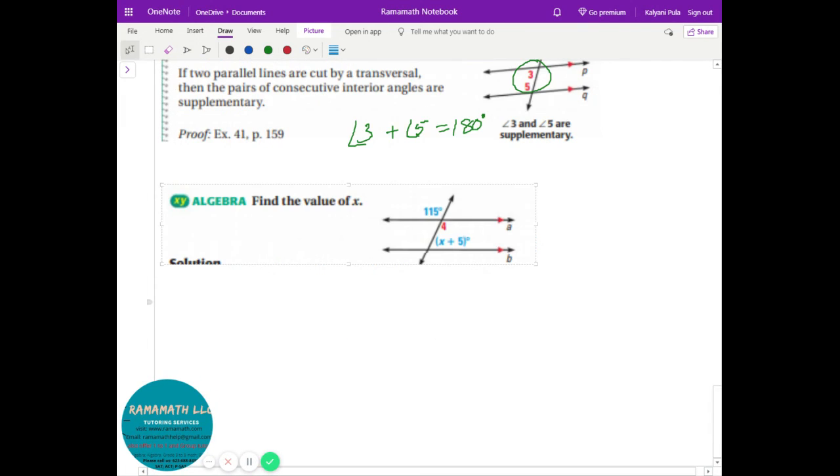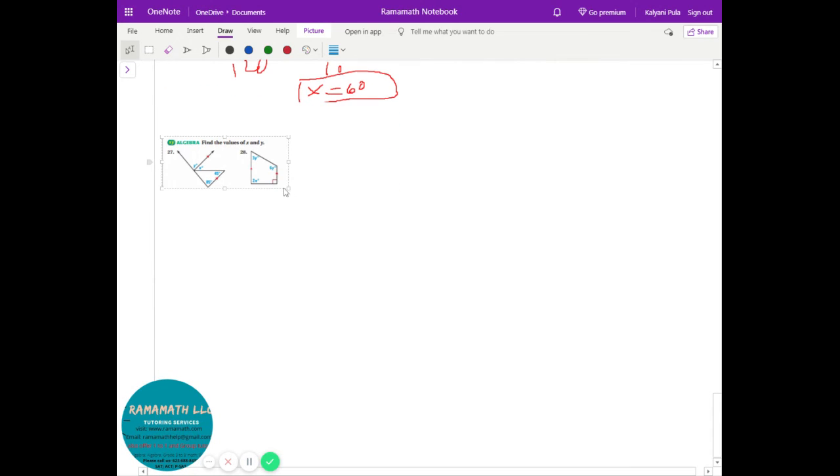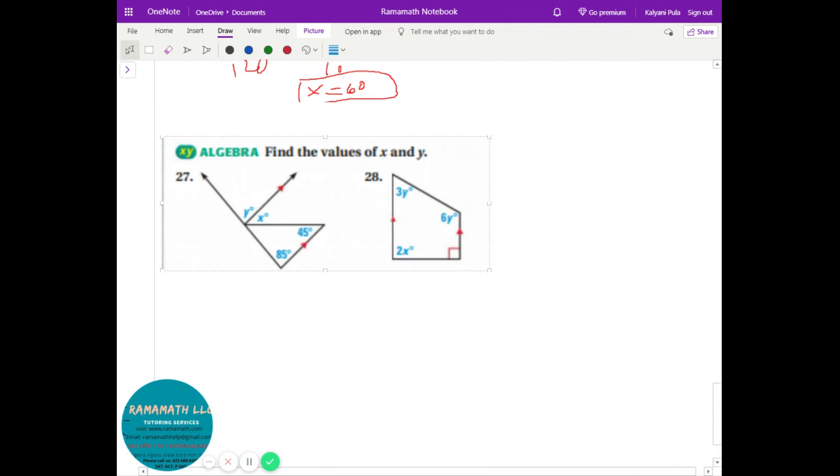Okay? Let's look at this example of an algebra question. You have 115 given to you, and this is given as x plus 5. So we need to find the x value. All right, next question. This is also an example of algebra to be applied.